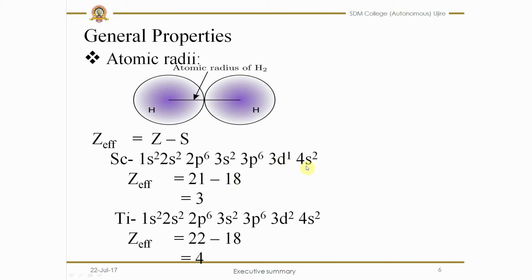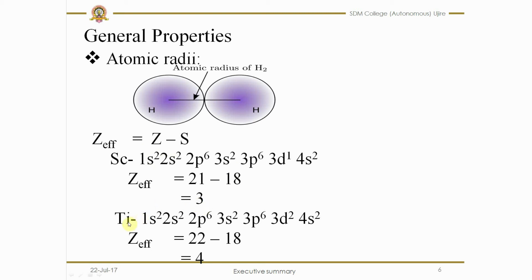Non-valence electrons are the electrons present in the inner orbitals. Here 3d1, 4s2 are the valence electrons, and 1s2 to 3p6 are the non-valence electrons. So Z effective becomes equal to 3.